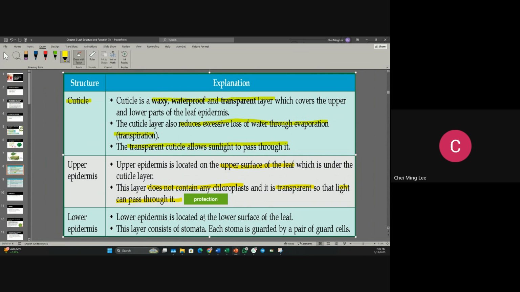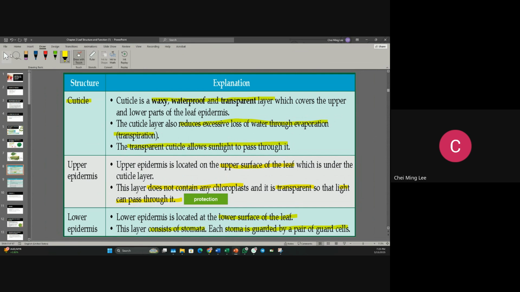Now the lower epidermis is located, like I said, at the lower surface of the leaf, where it consists of stomata, and stomata is the plural of stoma. Stoma is one. Each stoma is guarded by a pair of guard cells.